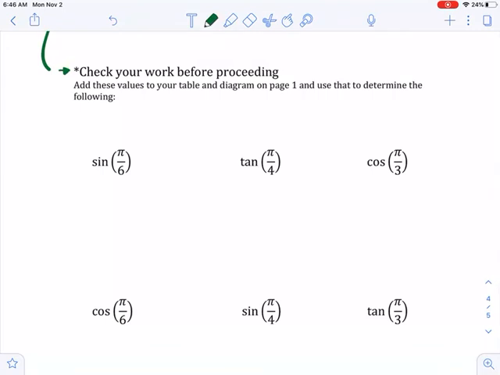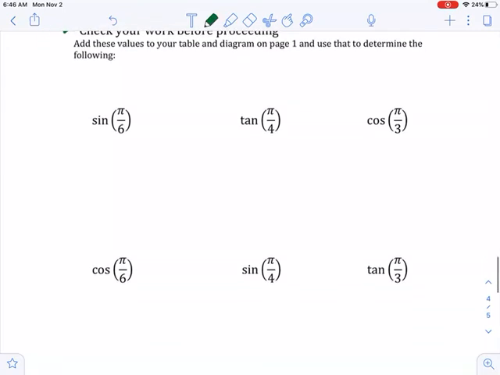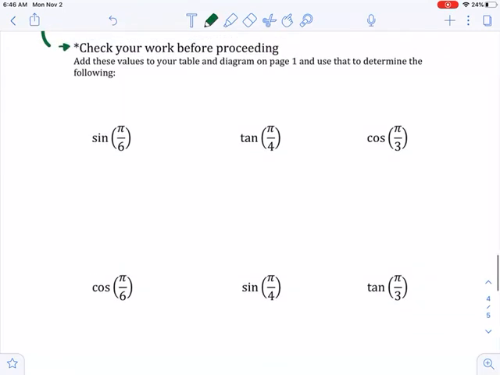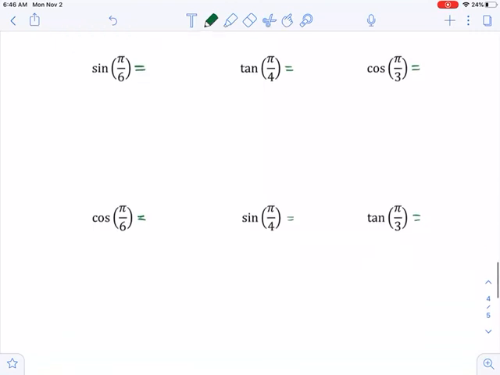Finally, this is where I was hoping you would evaluate these. Let's see. Yeah, we should be able to evaluate all of these, and maybe I'll show you one, but you should be able to evaluate all those once you have your table.